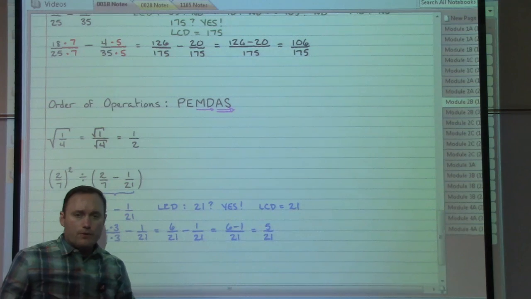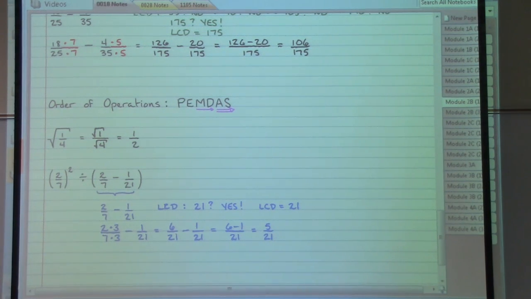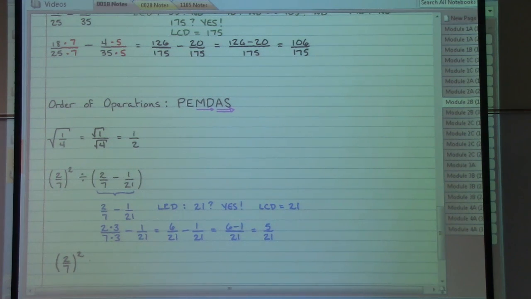There's nothing that will go into both the top and the bottom of that particular fraction, which means that we can now put that into play with our other parts of this problem: parentheses 2 over 7, parentheses power of 2, divided by the fraction that we just came up with, 5 over 21. Well, let's go ahead and continue working that one out.